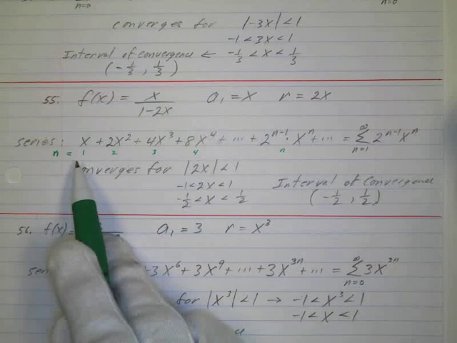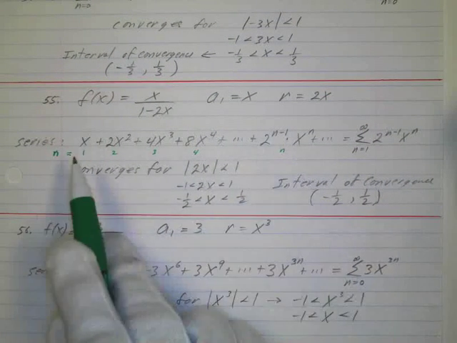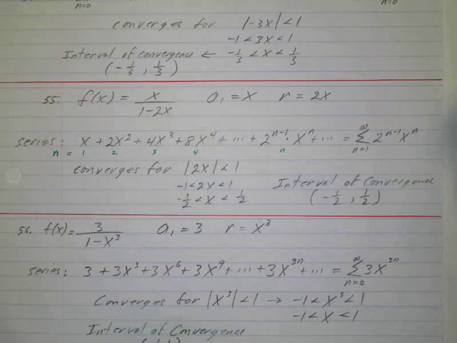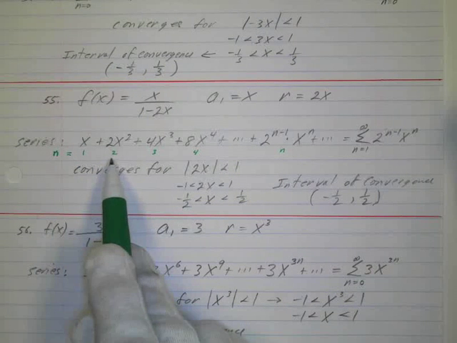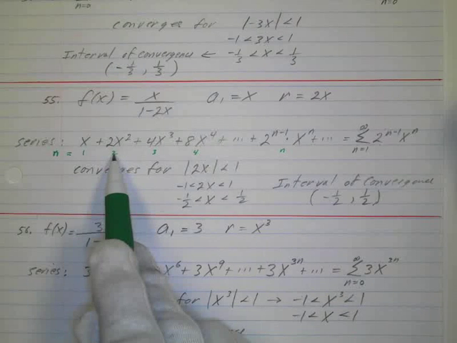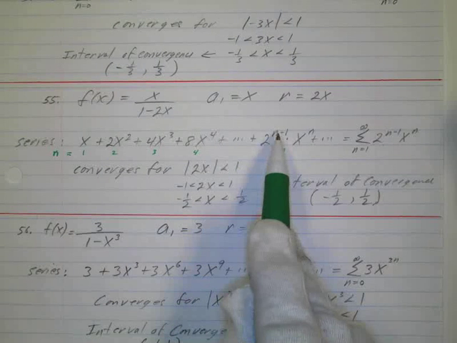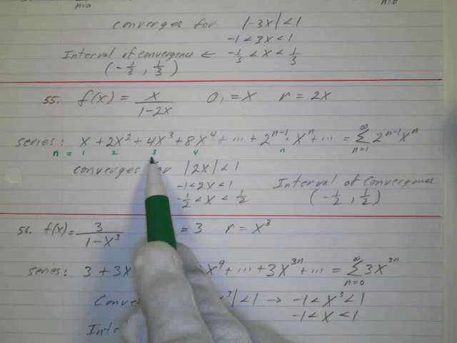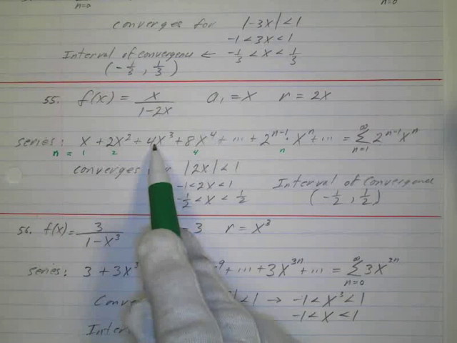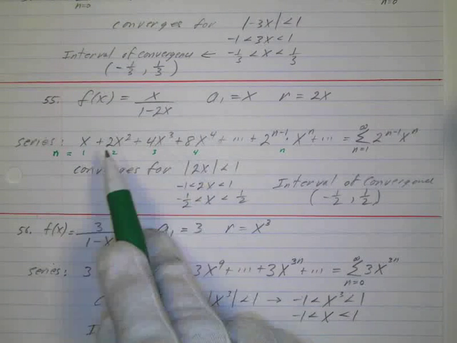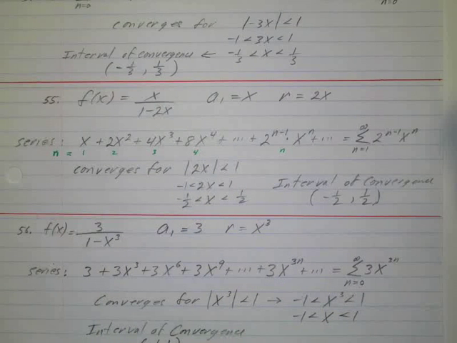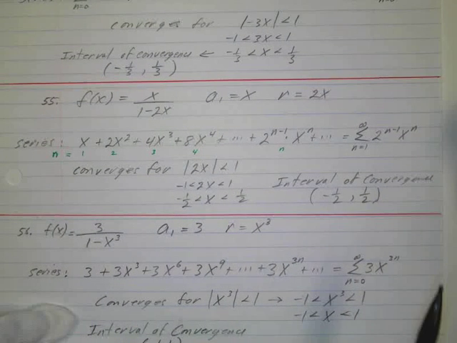So 2 to the n minus 1, when n is 1, that would be 2 to the 0, which gives me my x term. When n is 2, n minus 1 is 1, so I have my 2. When n is 3, that's going to give me my 4. And when n is 4, that's going to give me 2 cubed, which is 8, so that's going to work out. So you can see that's your nth term, and this is our summation.